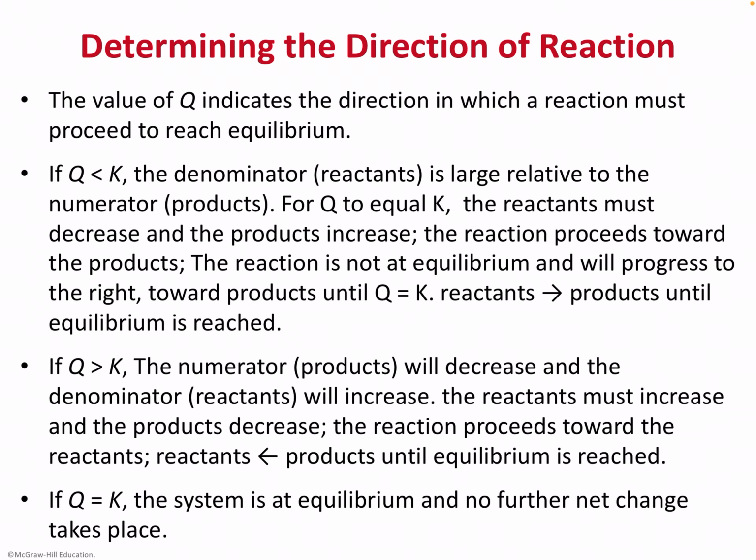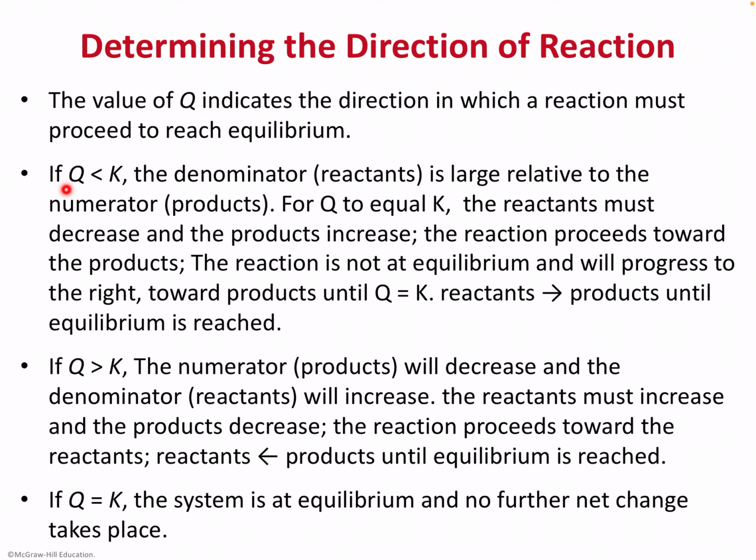The value of Q, which is the ratio of products to reactants, indicates the direction in which a reaction must proceed to reach equilibrium. Q tells us the ratio of products to reactants at any given time. It doesn't necessarily have to be at equilibrium.